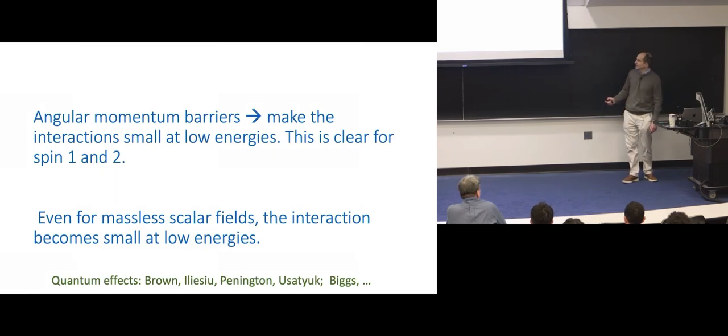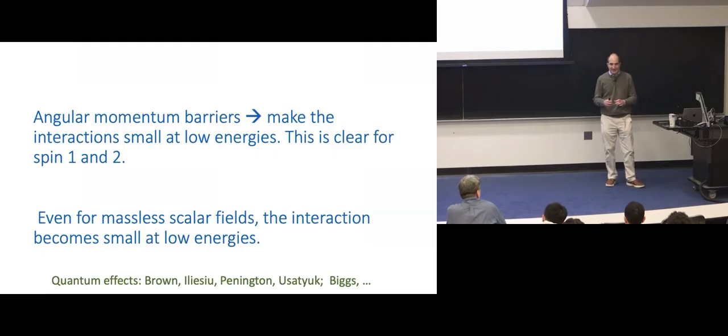Now, in this case, there are angular momentum barriers, and if you have a low energy, let's say photon, it has spin 1, so it will have angular momentum 1, and so at low energies, the wave function vanishes at the center where the black hole is located, and there will be a suppression proportional to some powers of the frequency for the interaction between the photon and the black hole.